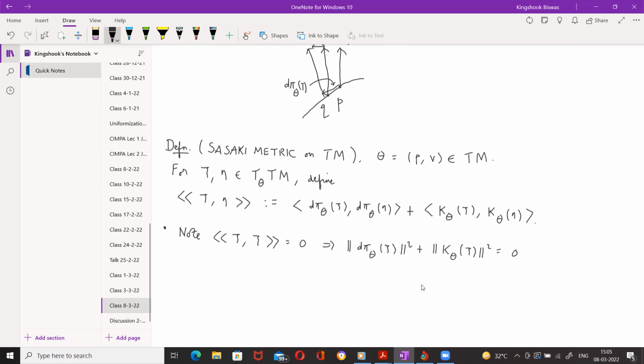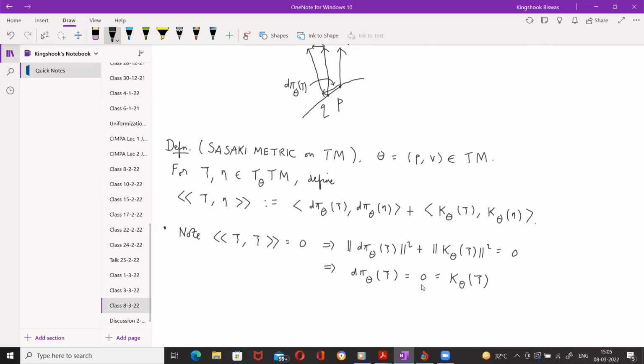So that will imply that d pi theta and k theta of xi are both 0. And we know that if these two are 0, then xi has to be 0, right?